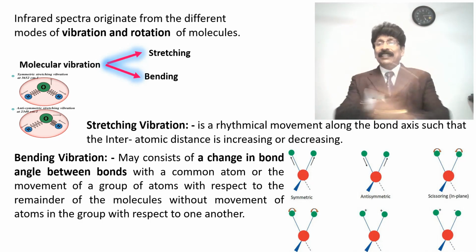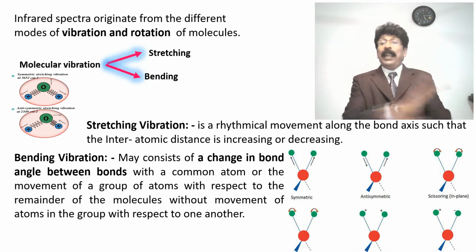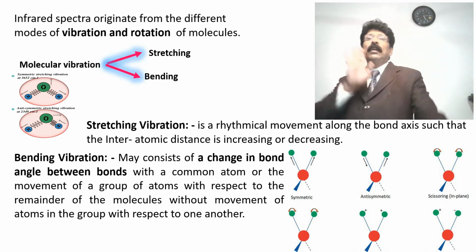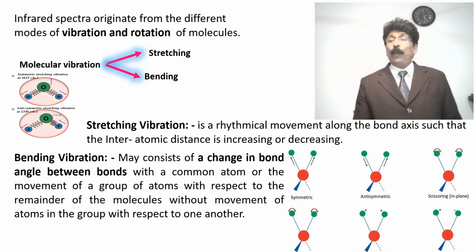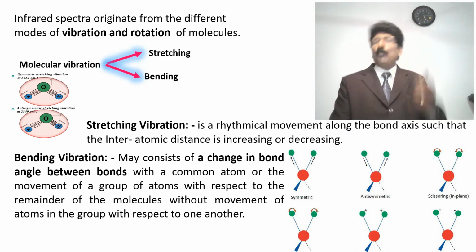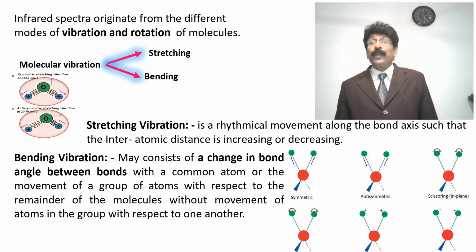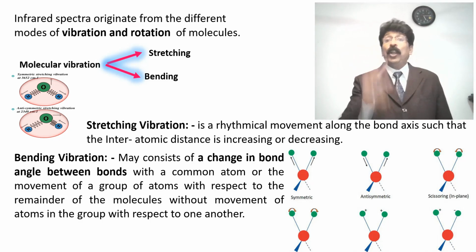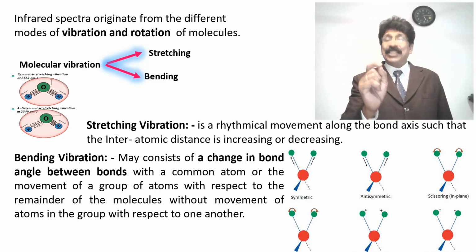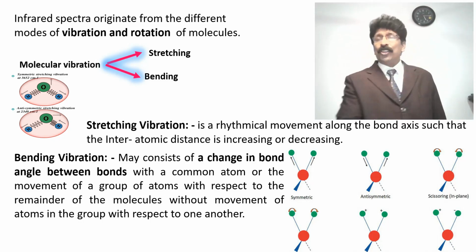Scissoring, that is bending in opposite sides; rocking, one behind one; wagging, above the plane and below the plane; twisting, out of the plane, one is down, one is up. So different types of bending are possible when electromagnetic radiation, IR, falls on the organic molecule.